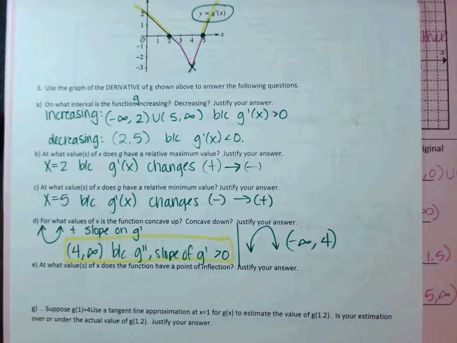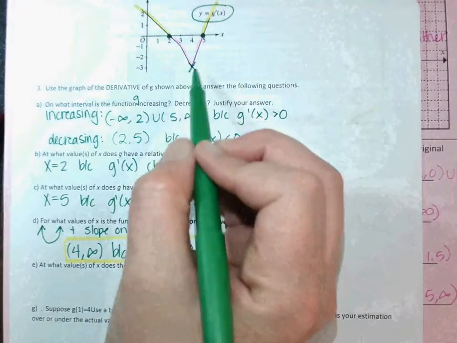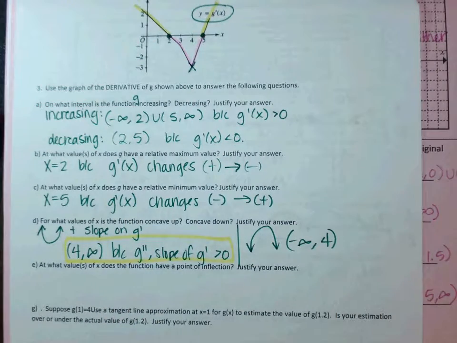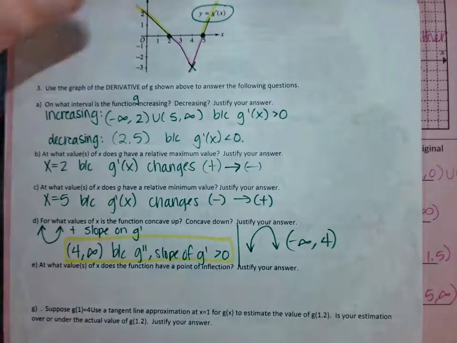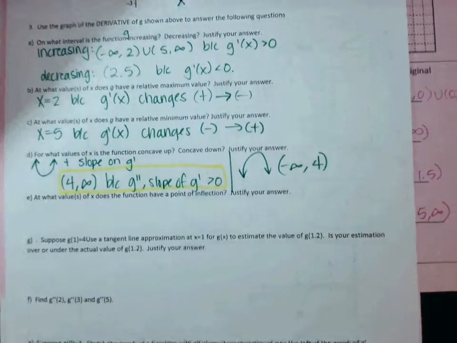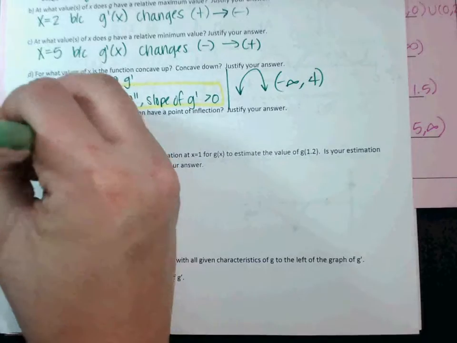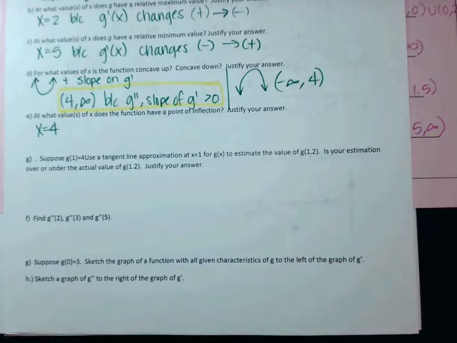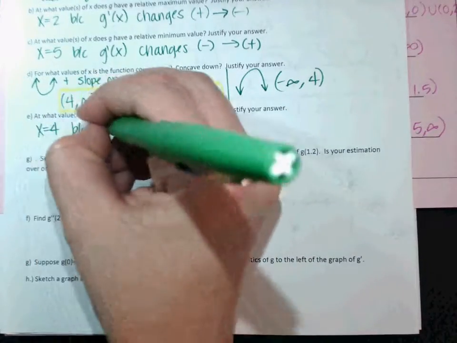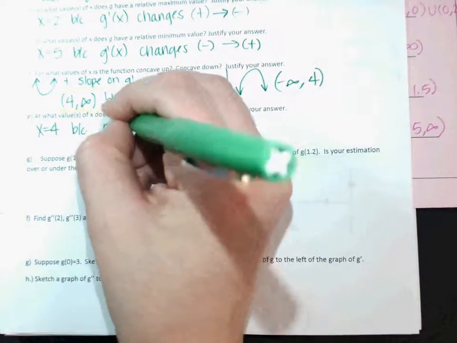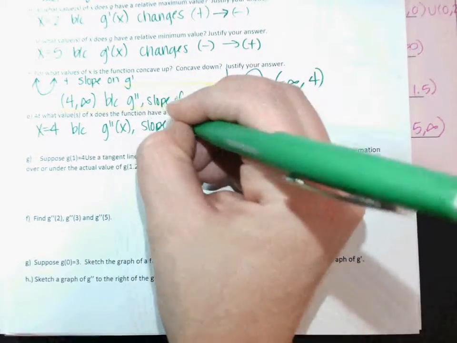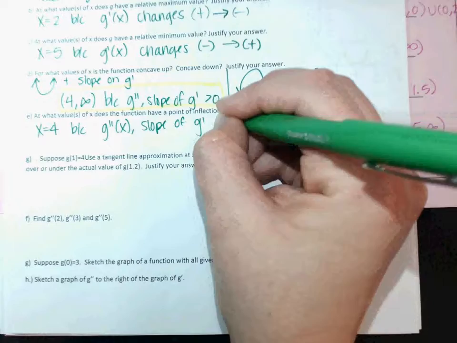Remember that your point of inflection is when the second derivative is 0 or undefined. So if it's a cusp like that, that means it's undefined, but it can still change signs there. Okay, so I would put X equals 4 is my point of inflection because G double prime of X, which is the slope of G prime, changes sign.